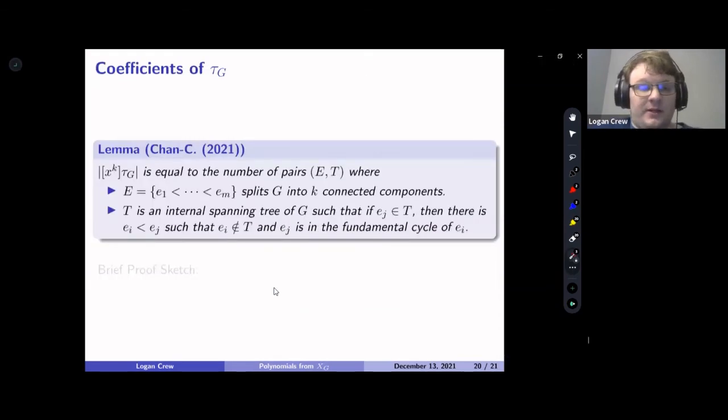And one other thing I wanted to share a brief outline of is we can find a different interpretation of the coefficients that also arises from this.